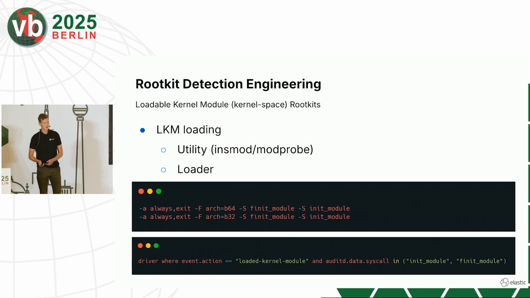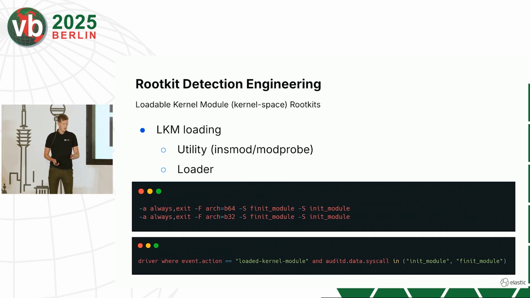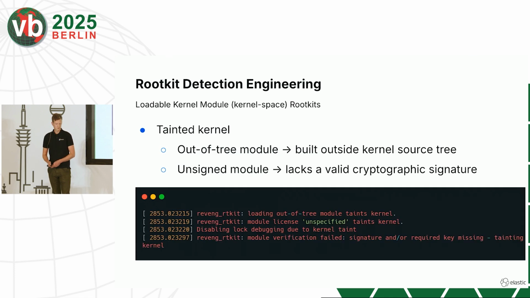But the bottom line is, every rootkit that goes into the kernel needs to call the init module or finit module syscall. So on the top, you can see an auditd configuration. It basically says that it will look for the finit module and init module syscalls. And if you actually try to load a kernel module, one of these events will pop up, which is one that you can detect.